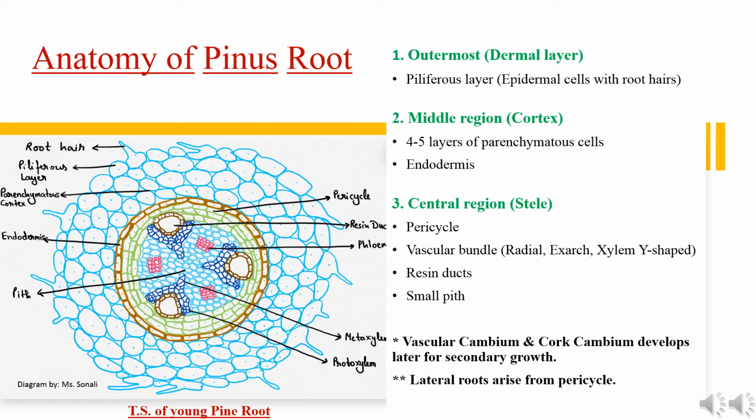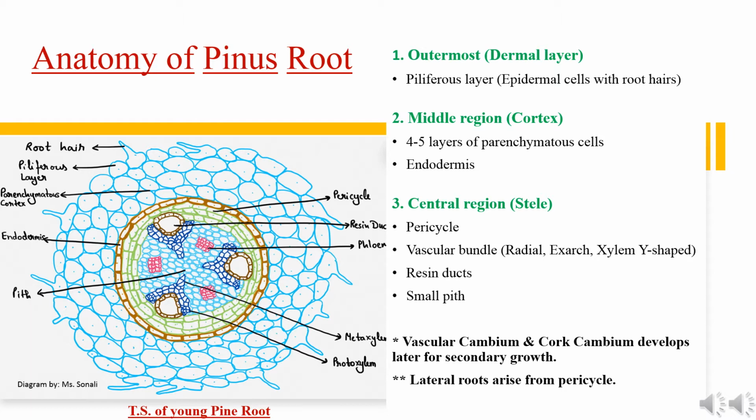It is made of several layered pericycle followed by resin ducts, vascular bundles, and a parenchymatous pith in the center. Vascular bundles are arranged along the radius separately, as you can see very well in the diagram.